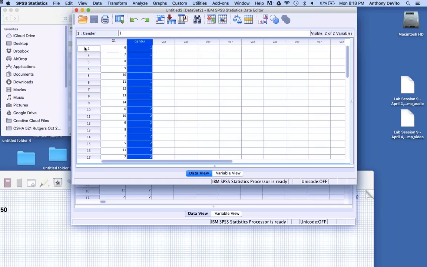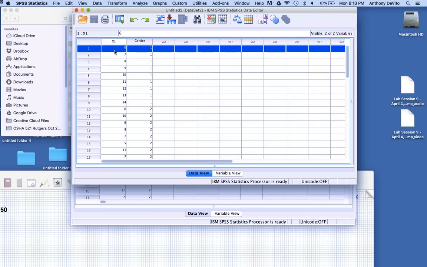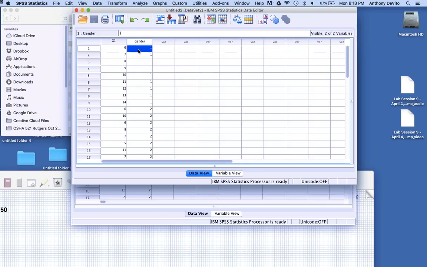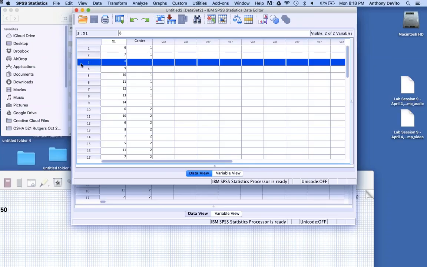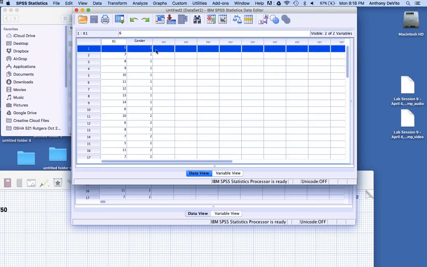In other words, if number 1 were the same person before and after, I would lay it out that way, right? So number 1 represents one subject. Line number 3 represents another subject. So I can't lay it out male and female because they're not the same person. I could if we were working with paired samples and it were just the same person before and after. And we'll see that in a moment.